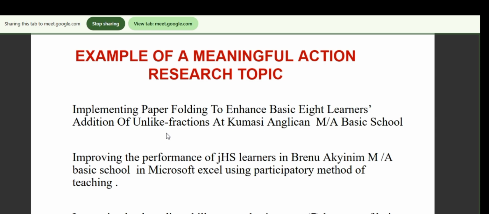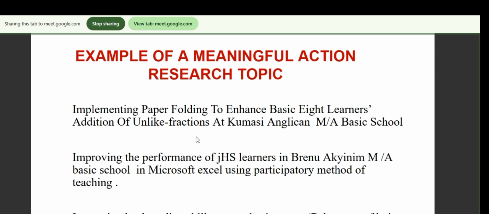Then you identify a specific problem within your curriculum. So here we all know that fraction is part of the JHS curriculum. And here I'm focusing on addition of unlike fraction. So it's a subtopic within the fraction and it can be found in the curriculum. So you look at that also.